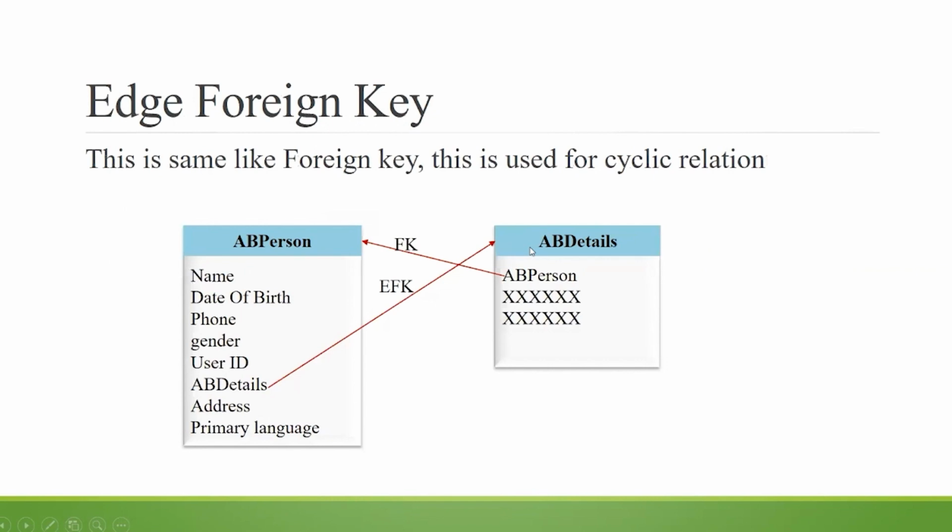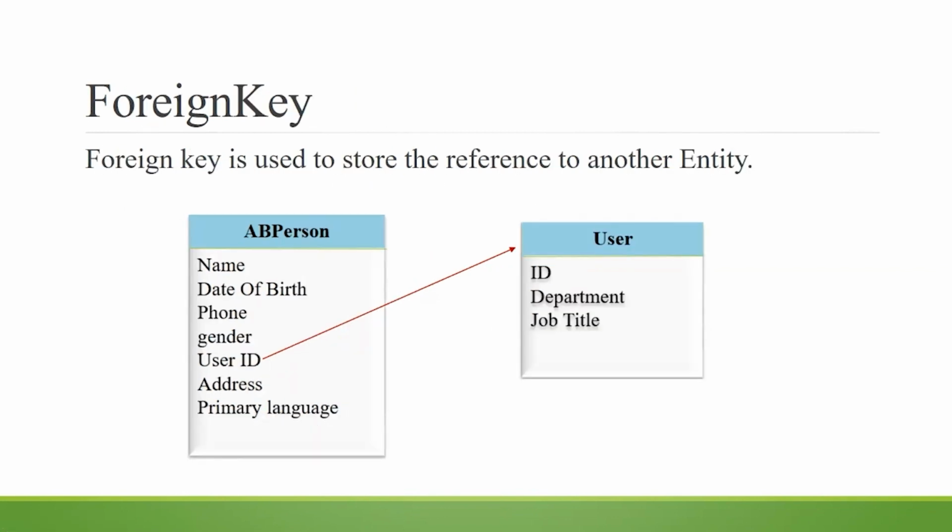And the next one is edge foreign key. Here the purpose is the same. This is like a foreign key, but this is used for cyclic relationships. For example, we can refer to user in the AB person, but we cannot refer to AB person in the user. If we refer A to B and B to A, it may throw errors.